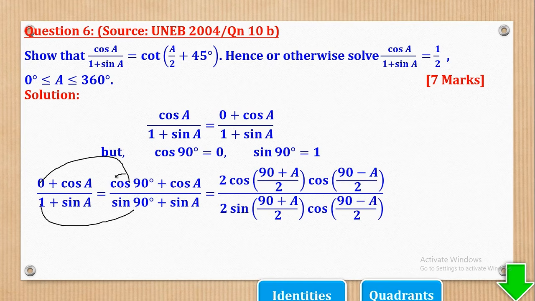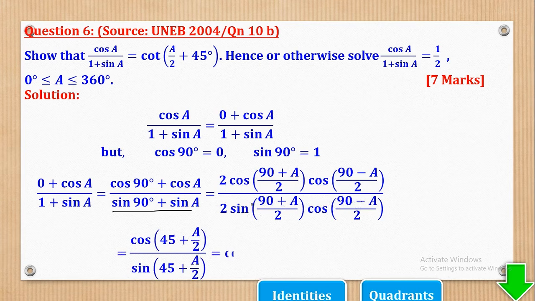Now at this step we are going to use factor formula. So factor formula of cos plus cos is 2 cos cos. So 2 cos sum over 2, then cos difference over 2. Then factor formula of sin plus sin is 2 sin cos. So sin sum over 2, cos difference over 2.